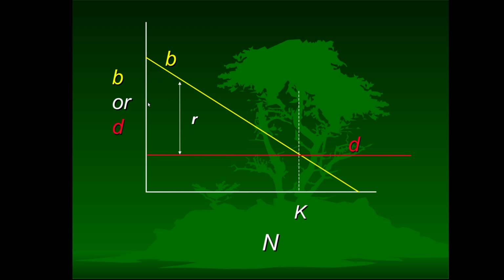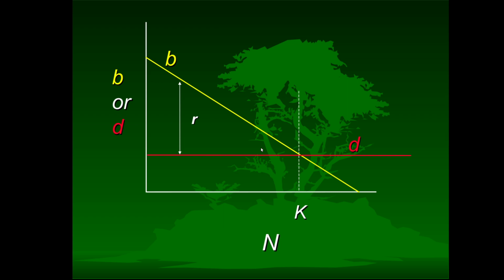So the difference between these two curves, birth rate minus the death rate, is little r. Okay, so increasing fitness at low density means increasing this little r at low density. And if the birth rate at low density increases while the death rate stays constant, then r will be increased at low density.